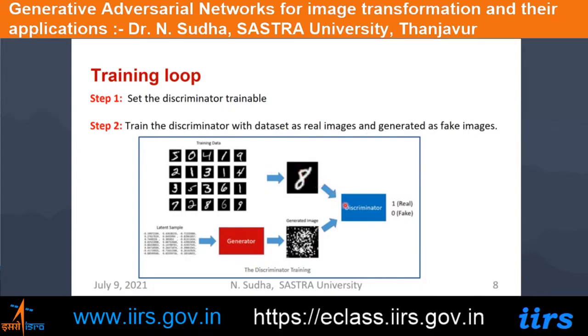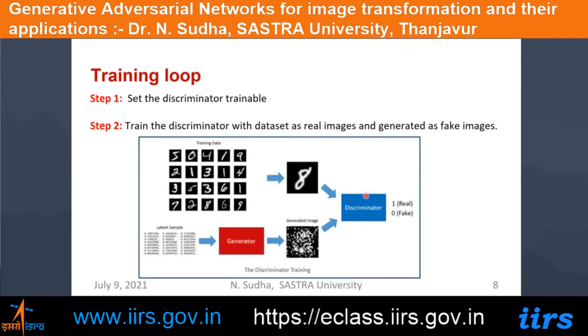If you give the real image to the discriminator, you set the output to be 1. And when you give the fake image from the generator, you set the output to be 0. That's how you do the discriminator training. While training the discriminator, your generator weights will not be updated. Only the discriminator weights will be updated.